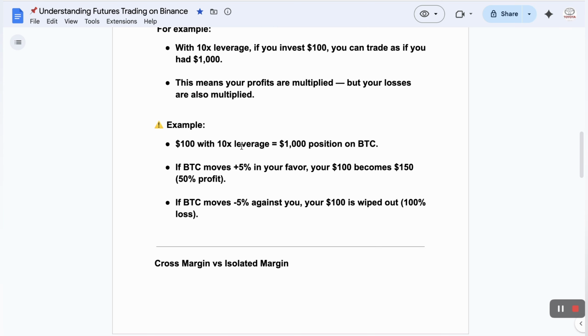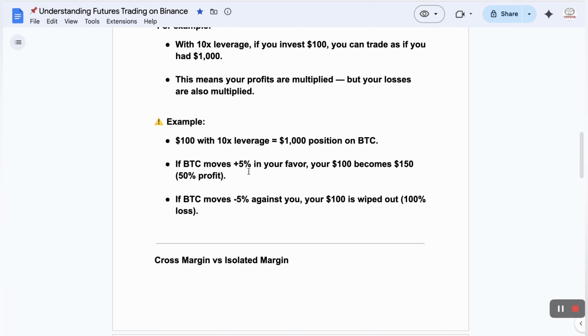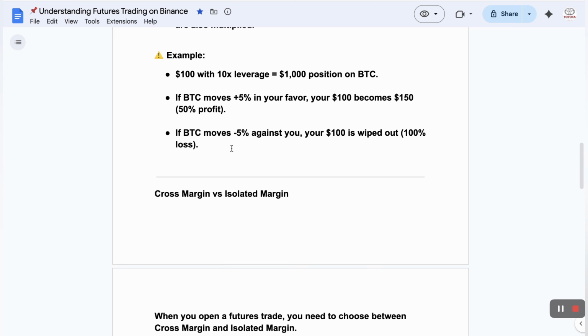Example, $100 with 10x leverage is equal to a $1,000 position on BTC. If BTC moves 5% in your favor, your $100 becomes around $150, which is 50% profit. But if BTC moves against you, your $100 will be wiped out, 100% loss.